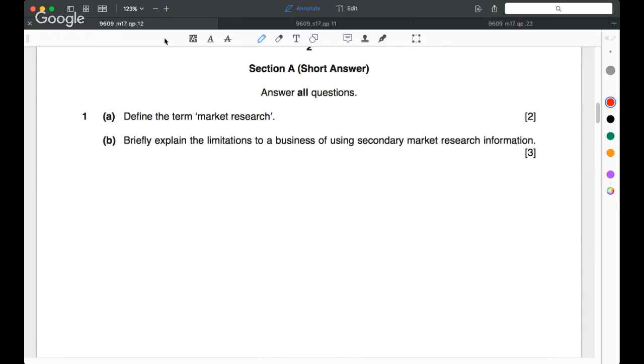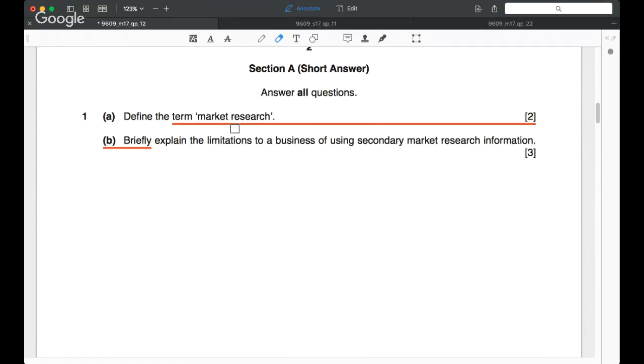Don't confuse it with... let's underline that word if we can. See if I can make this pen work. Sorry about this for a moment, just get this all sorted out.